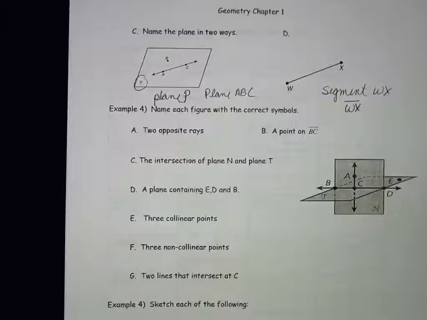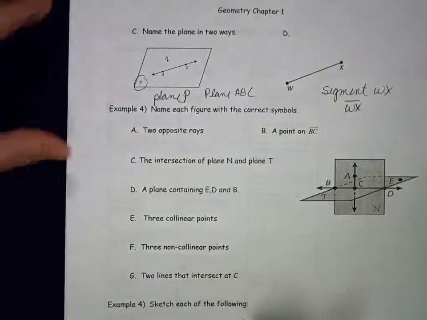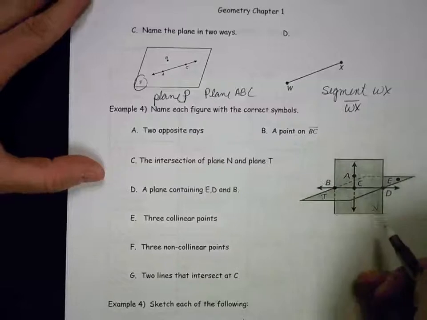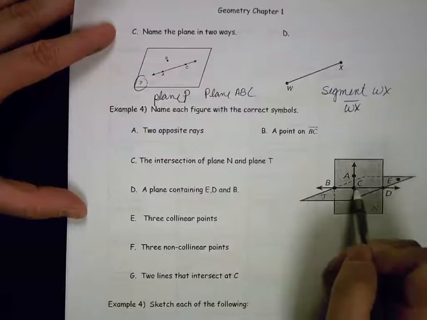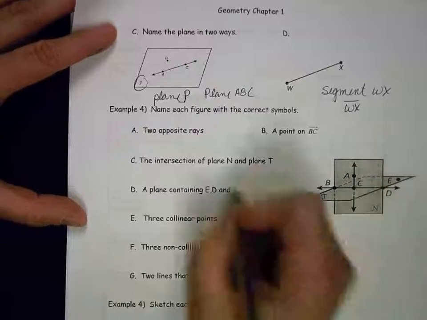Example 4, we are asked to name each figure with the correct symbols. So from this picture, we need to find two opposite rays, and I'm going to do CD and CB.